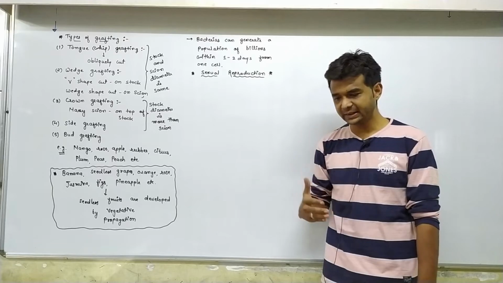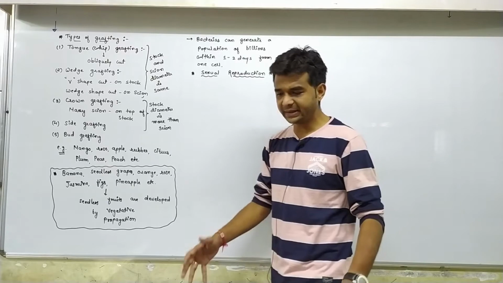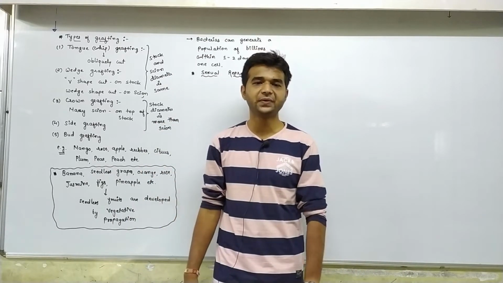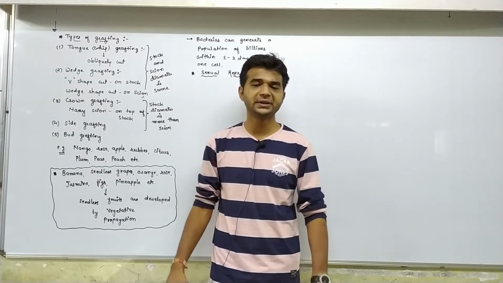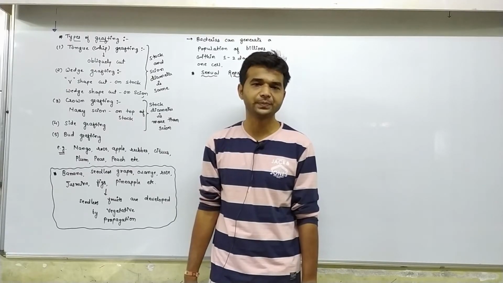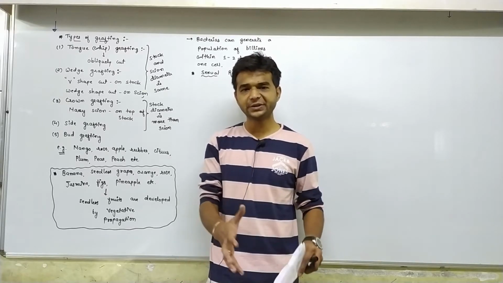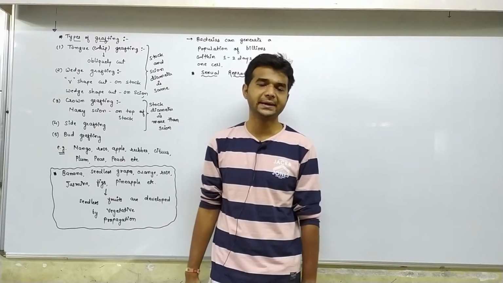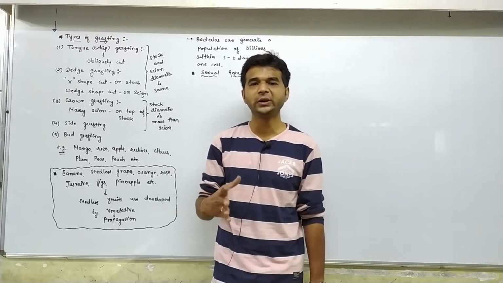Yes, so we say that it is a bisexual animal. In some bisexual animals there is a chance of self-fertilization. As well, sexual reproduction occurs in unisexual animals also. So sexual reproduction is uniparental or biparental, but asexual reproduction is only uniparental.